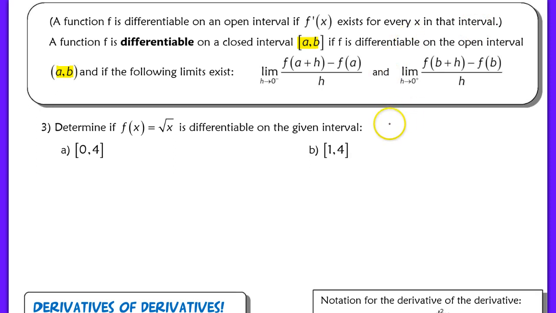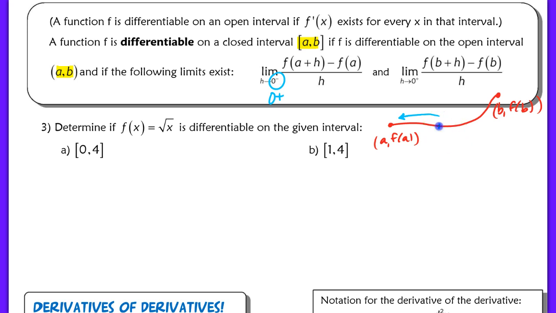So basically, you've got some function here. Okay, here's a closed interval: a, f of a and b, f of b. Now as you approach a from the right, and actually, whoops, that's supposed to be h approaching 0 from the right.